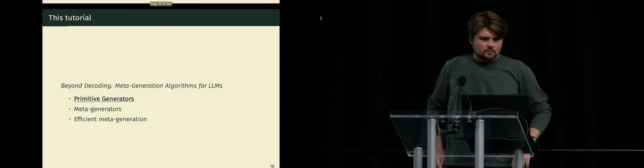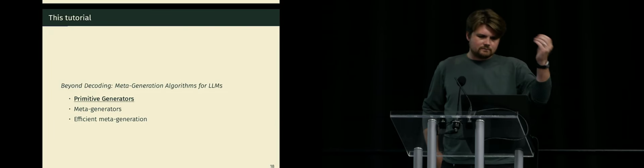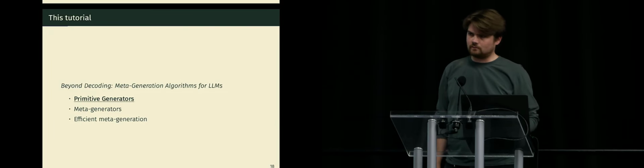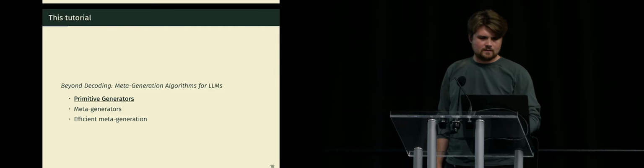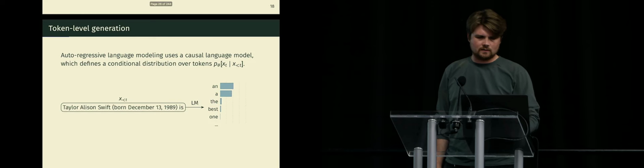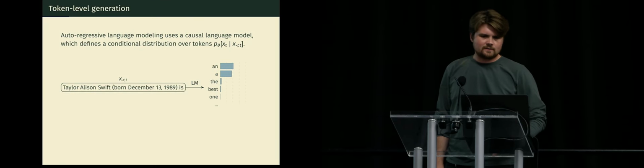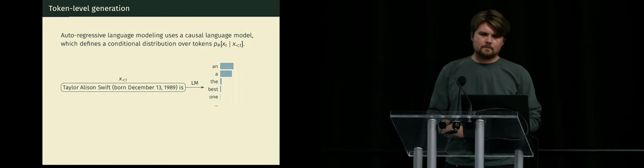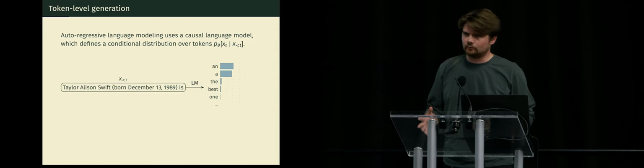Great. So primitive generators are the building blocks that we're going to use for these more complex, more sophisticated generation algorithms. So to start, let's talk a little bit about how token-level generation works with autoregressive language models.